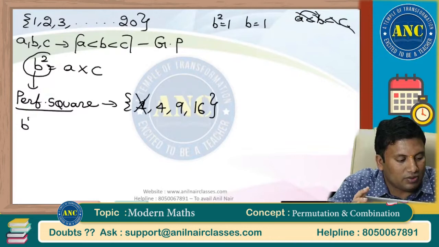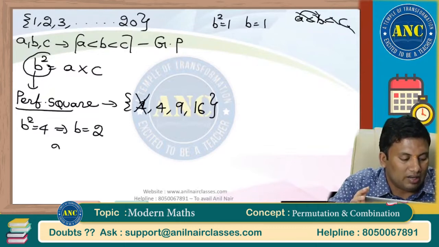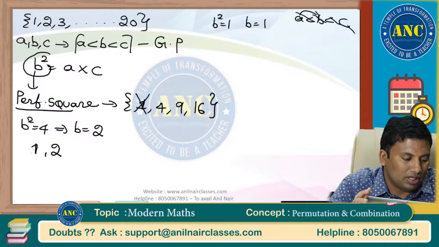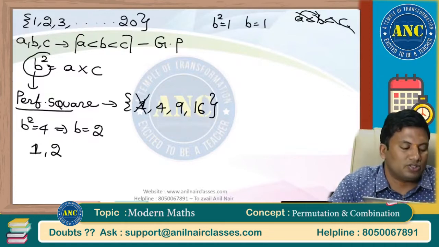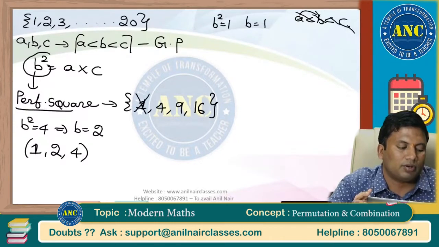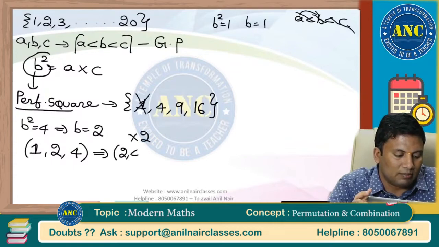So, if B square is nothing but 4, because B is a natural number, B value is 2. If B is 2, A is less than B. So the only value possible is nothing but 1. Ratio is nothing but 2. Next C value will be 4. 1 to 4 it is possible. Into 2 is nothing but 2, 4, 8 it is possible.